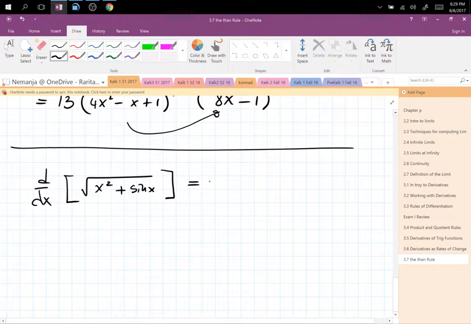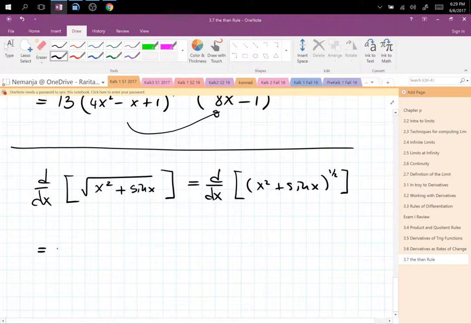First, I'm going to rewrite this with the 1/2 exponent, because it is a 1/2 exponent. And then I just say, what is the derivative of mess to the 1/2?